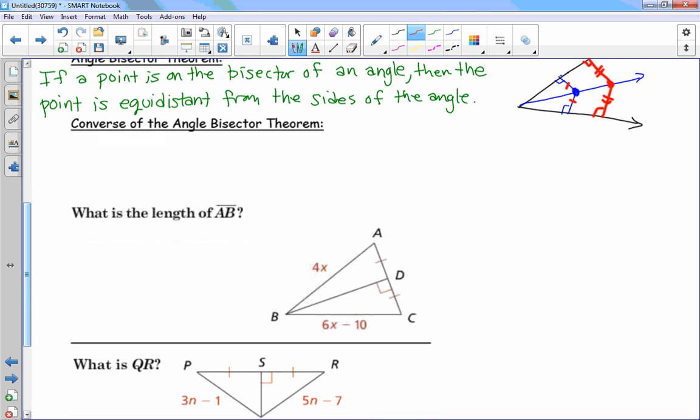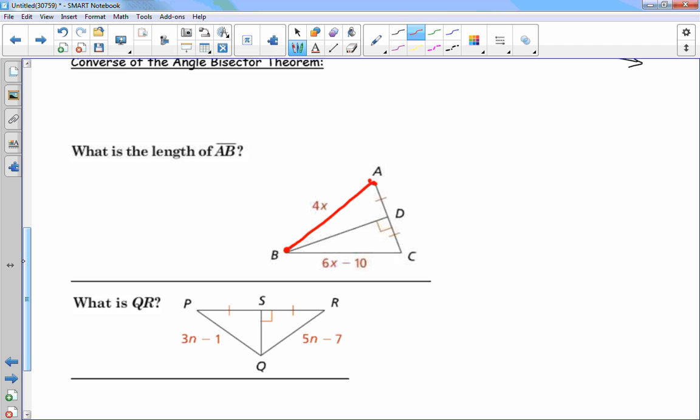What is the length of AB? There is AB on the triangle. Can we just say our answer is 4x? That's the length. Call it good? No. Let's define x. What do we have on our triangle?